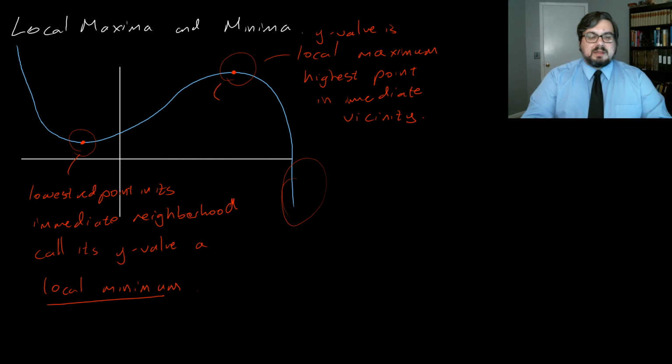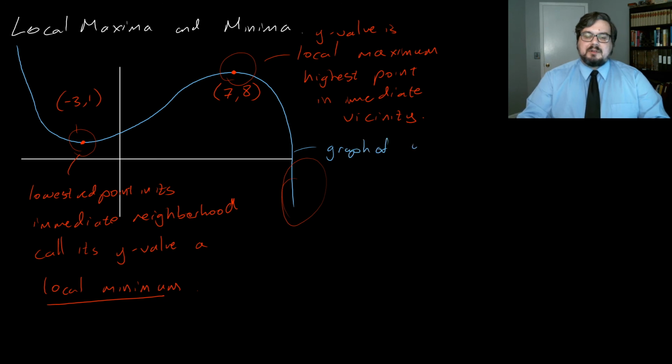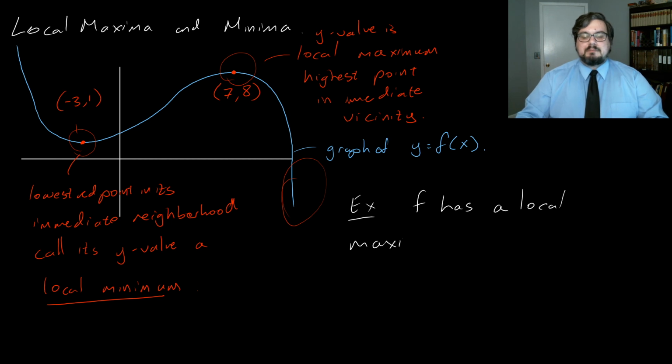So let me give these points coordinates here. Let's say that this is the point (7, 8), and this is the point (-3, 1). And we'll say that this blue line is the graph of some function f(x). So in this case, we would say that f has a local maximum of 8.